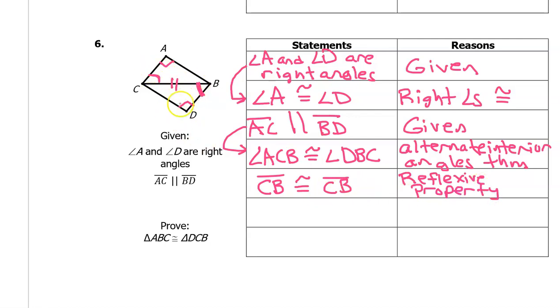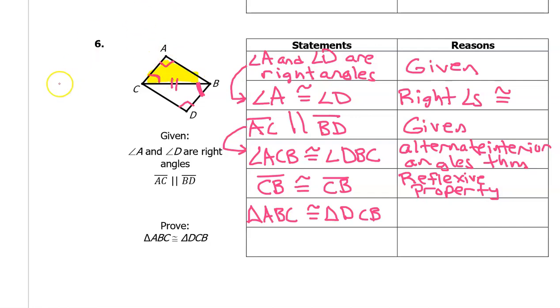Now we have enough information to prove the triangles are congruent. So we can go ahead and say triangle ABC is congruent to triangle DCB. The reason will be something like side, side, side, side, angle, side, something like that. Look at one triangle at a time.